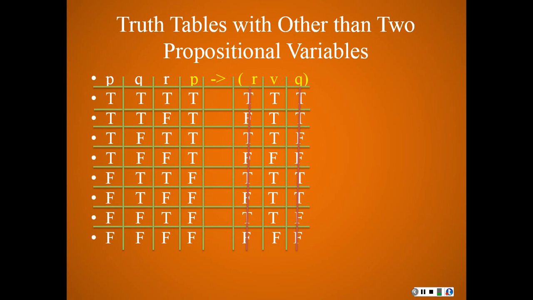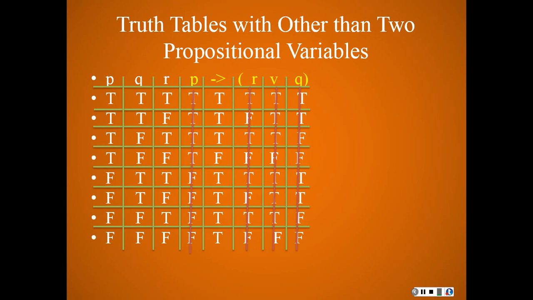If I look at the truth table here, I see that occurs in only one case, namely here. So this conditional is true everywhere else. And I'll cross out all the other irrelevant columns, and that gives me the truth table for this conditional.